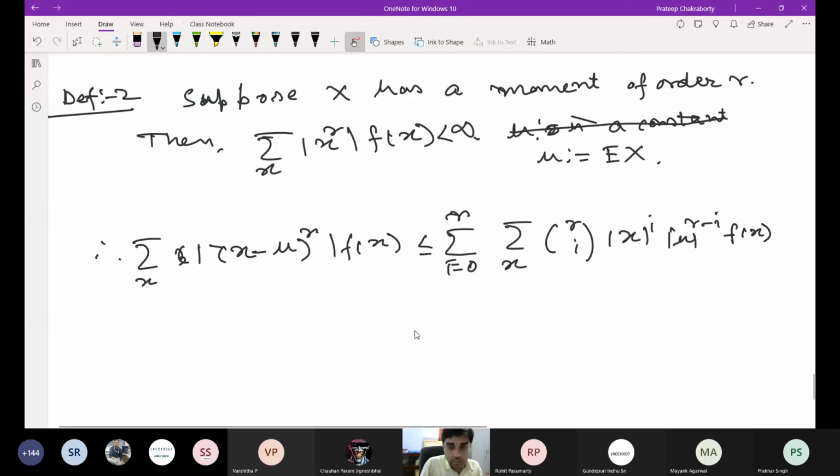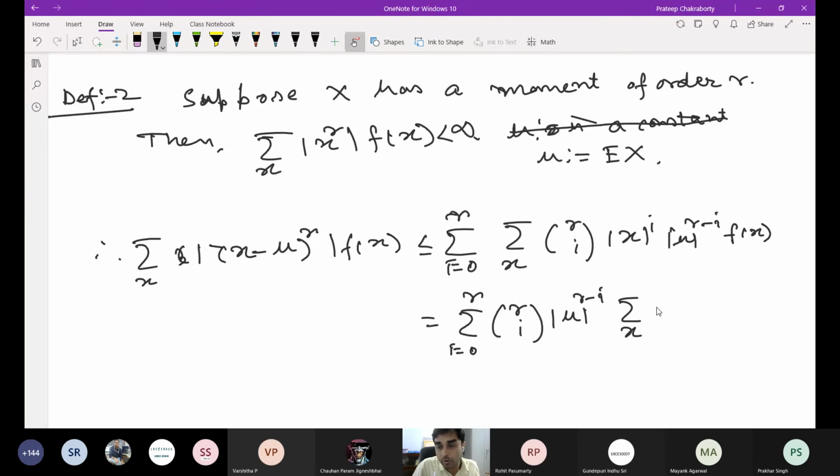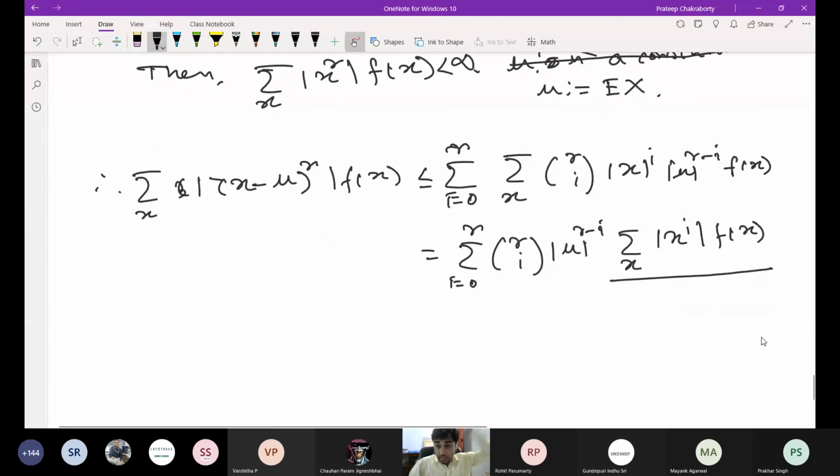Which is equal to the summation for i equal to 0 to r. We take out r choose i and mod mu power r minus i, leaving the summation of mod x power i f(x). Each of these terms, because i varies from 0 to r, is finite.